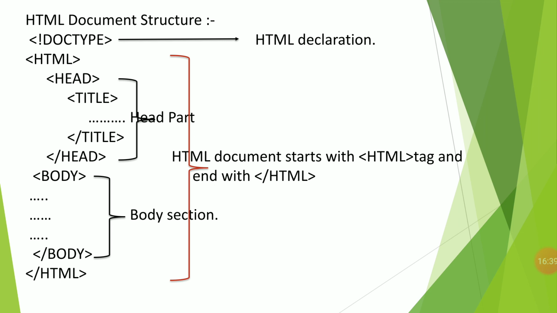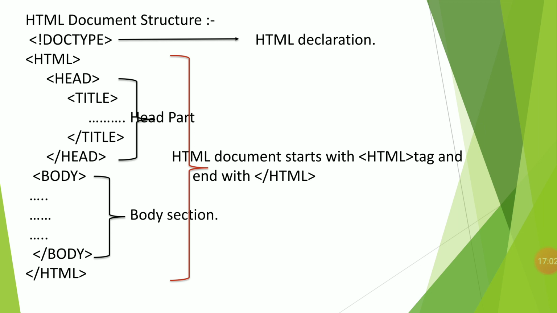Now dear student, just observe here HTML is started and at last HTML is closed. This whole part starts with the starting HTML tag and ends with the /HTML tag. Like this we write the starting tag and ending tag by using that slash sign.